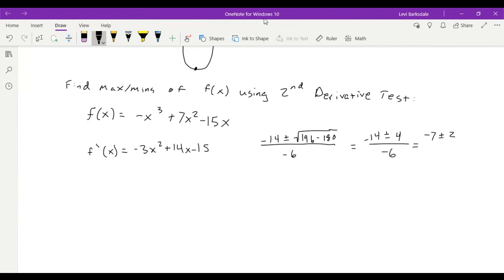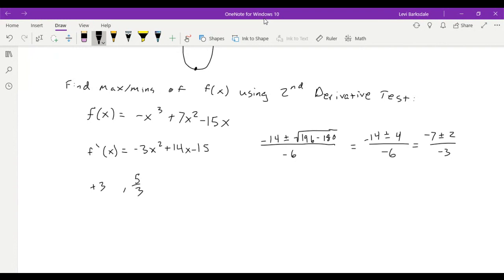Negative 7 plus or minus 2 over negative 3. So first off, we would get negative 9 over negative 3, which is positive 3 as one of our roots. And second, we would get negative 5 over negative 3 as the second of our roots. So that would just be a positive 5/3.